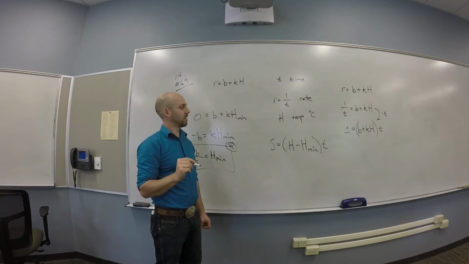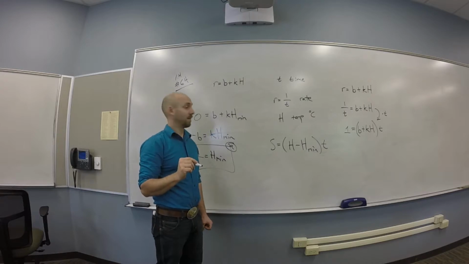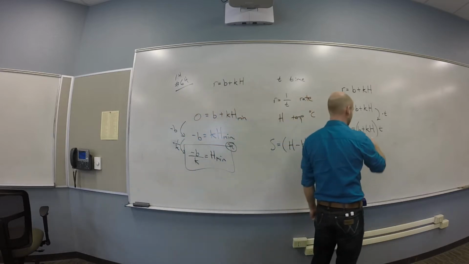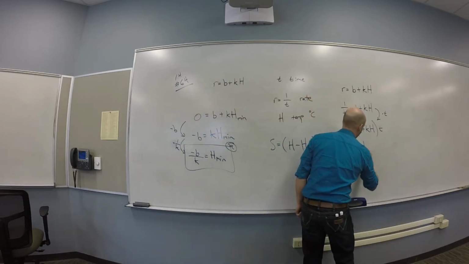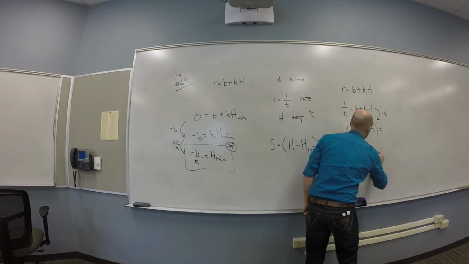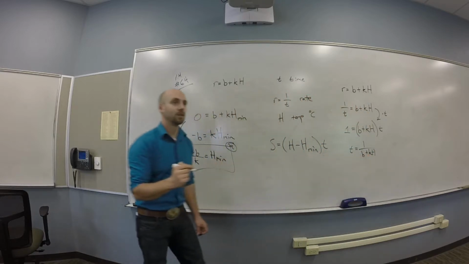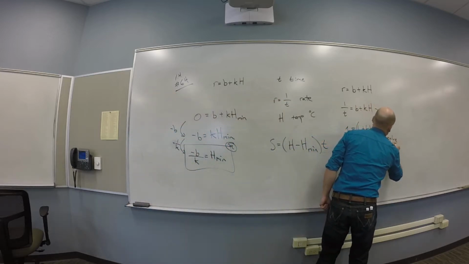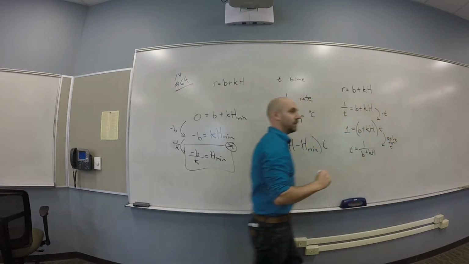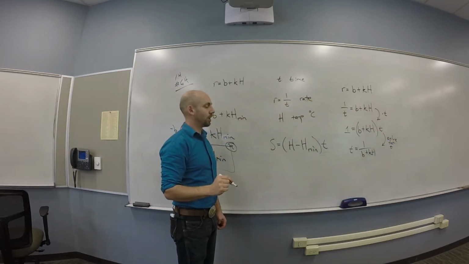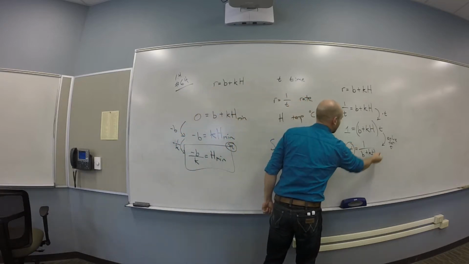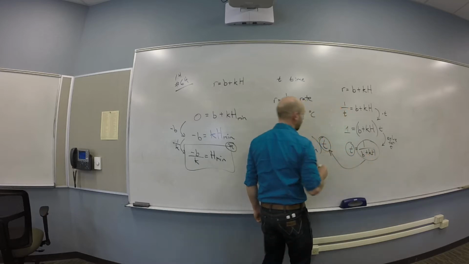Now what else? Divide by b plus kh. You figure out what t is, so t is 1 over b plus kh. What do you do with that piece of information? Plug it into t over the S portion. T is also this, so take this and shove it in there.